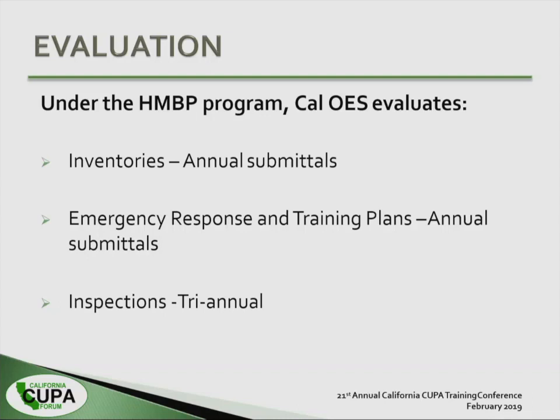Let me back up. The reason I'm up here, and I'm going to explain what we look at, is that we want to let you know how we're looking at this, because the numbers were always coming up and people would ask, how do you get that? What you put in SIRS, or what even the handlers, the industry, put in SIRS, the CUPA has to come up and make sure that's correct.